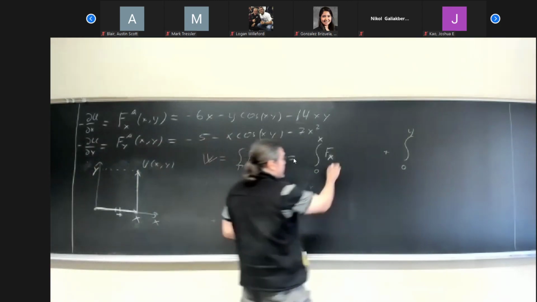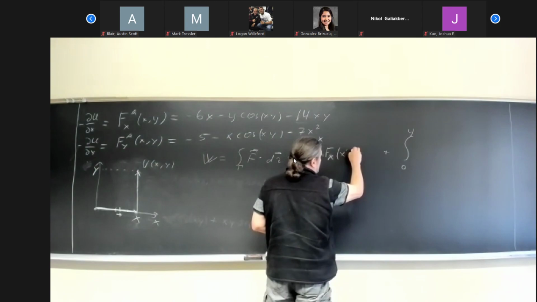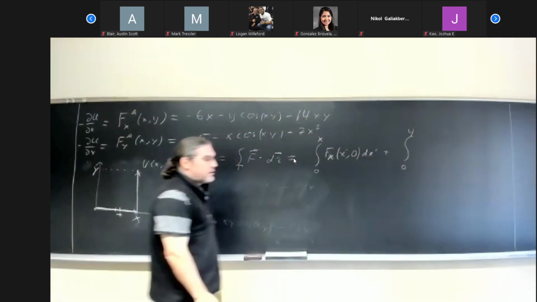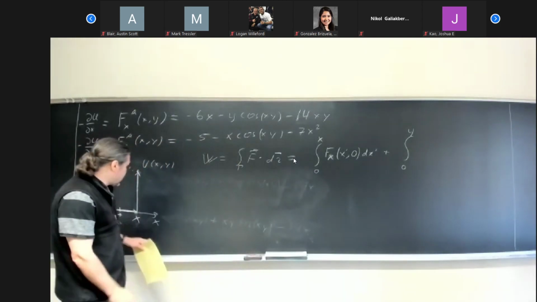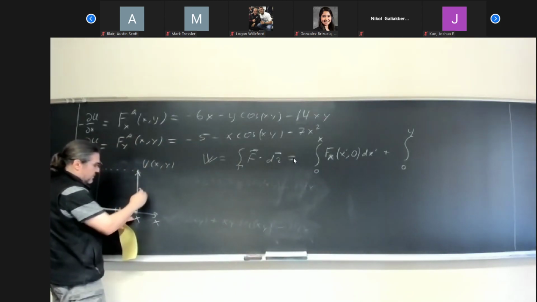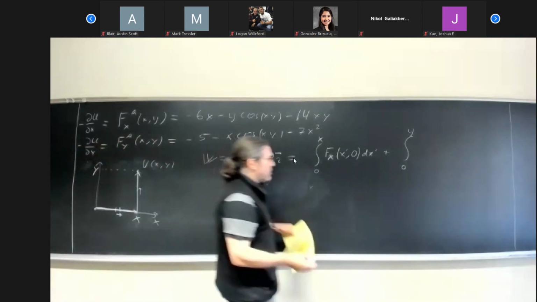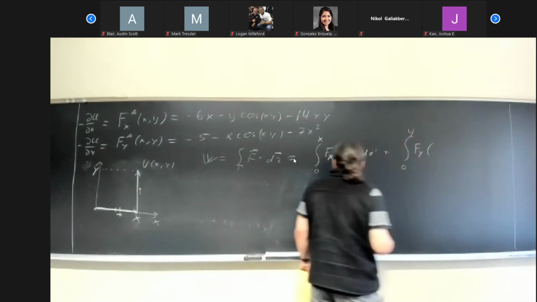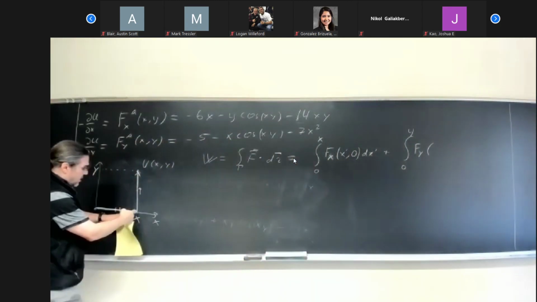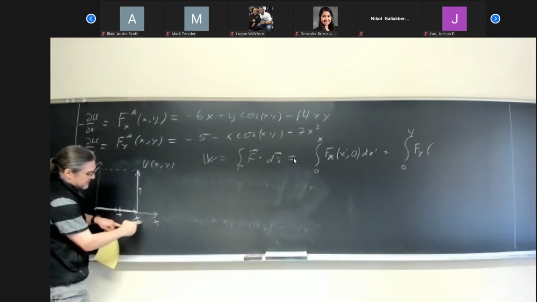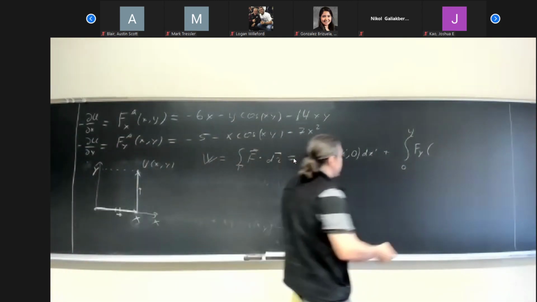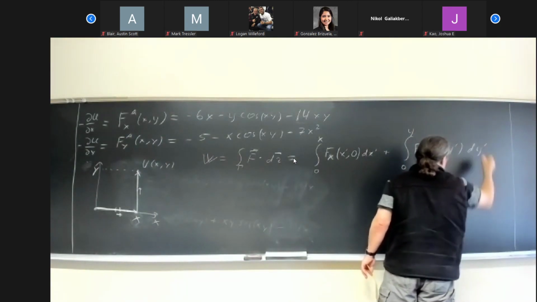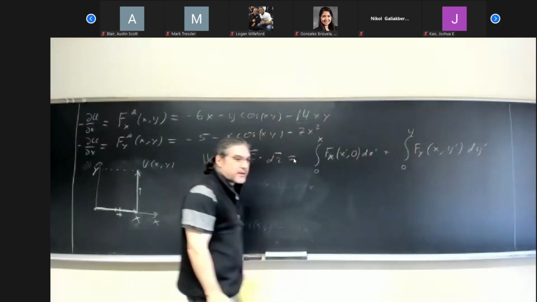So it is f of x prime, 0, dx prime. Here's my first piece. And for the second piece, I see that dr has only a y component, so I need to consider only the y component of the force, because it's a dot product. Along this path, all x coordinates are just x. So what I have here is x, y prime, dy prime. Here are those two integrals which I need to take.